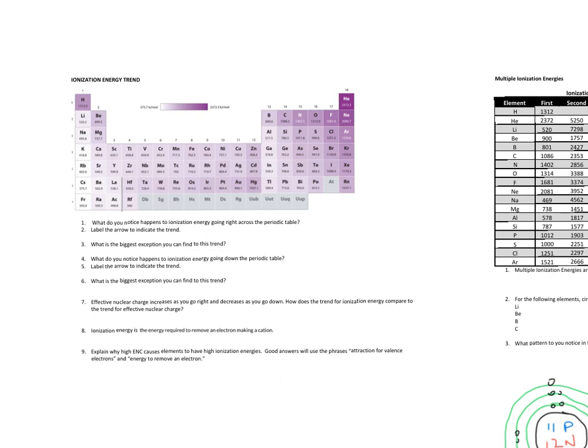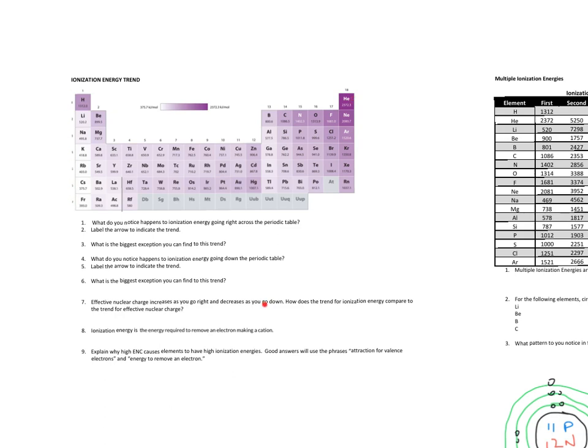What we're going to talk about today is the next of our trends for this unit, looking at trends on the periodic table, which is called ionization energy. What we're going to do is kind of the same thing for a lot of these trends. We'll look at just what the numbers do horizontally and vertically, because we can look at patterns and numbers even if we don't know what the numbers mean, and figure out what happens as we go left, right, and up, down on the periodic table.